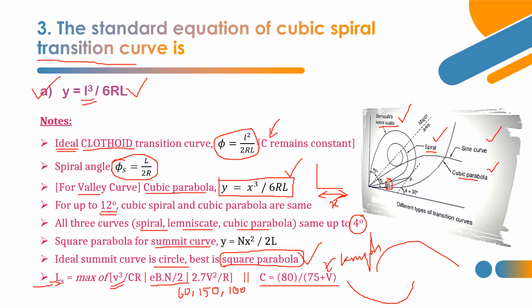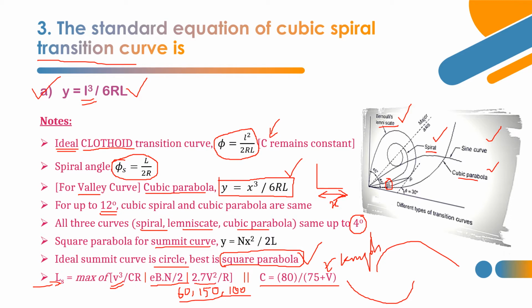So these are some typical N values, that is nothing but rate of introduction of super elevation. And this by 2, EBN divided by 2, will come when the pavement is rotated about center. When the pavement is rotated about inner edge, then this by 2 will not come, only EBN.